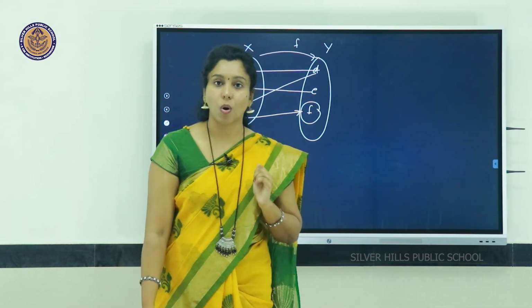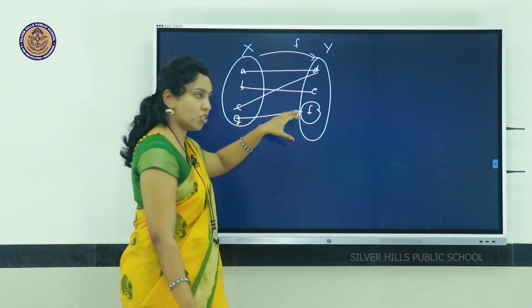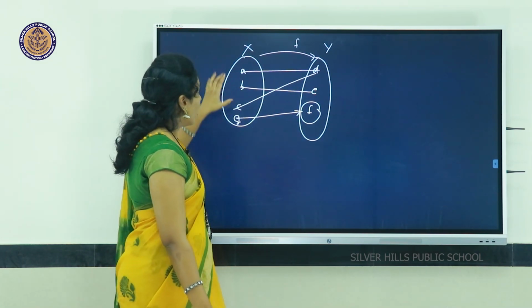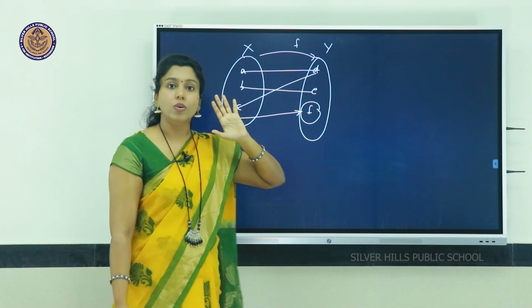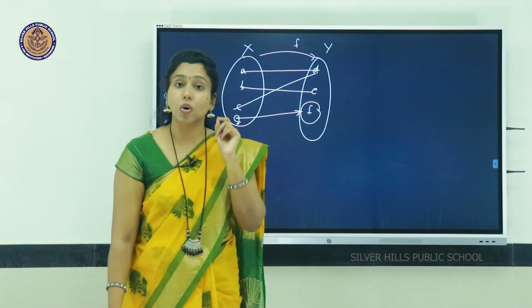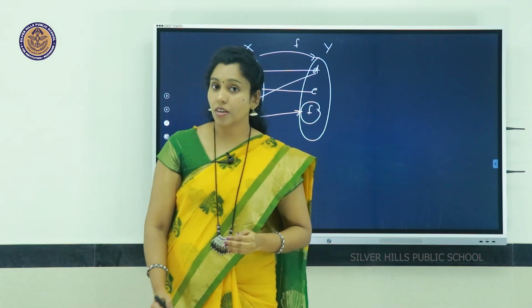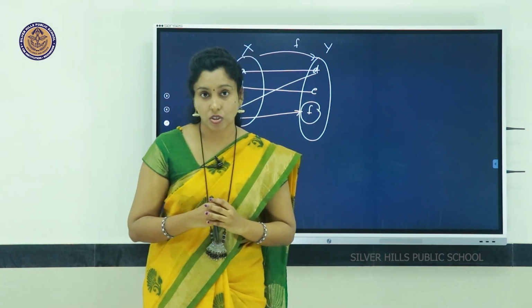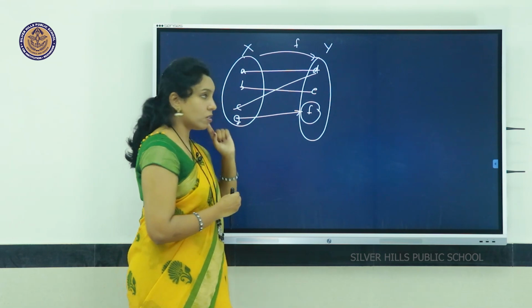So the function is onto if I change my relation like that. Now X is called the domain of a function, Y is called the codomain, and what do you mean by range? The collection of all images. Now this function is onto.